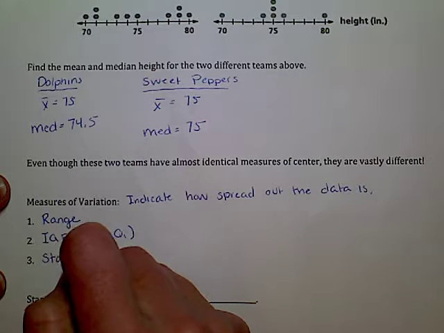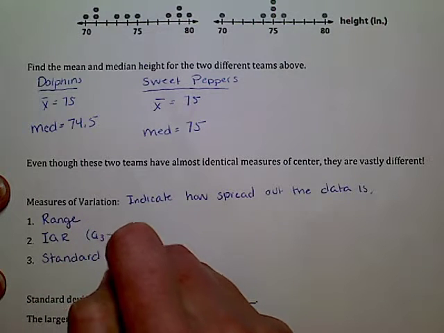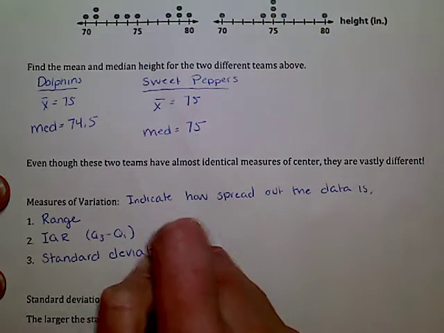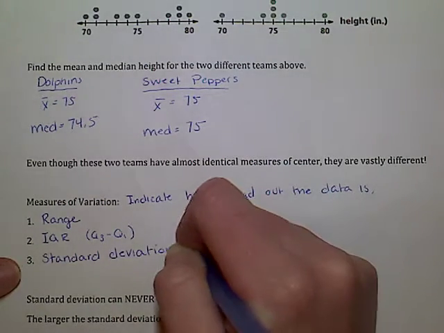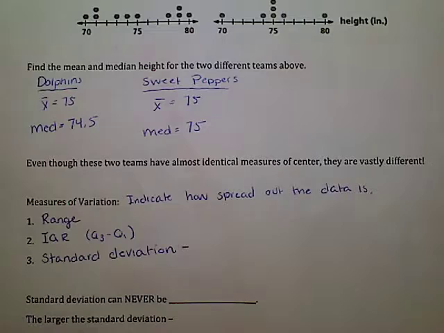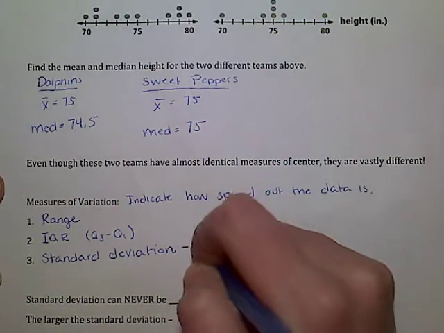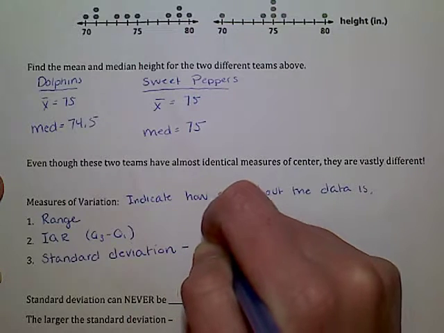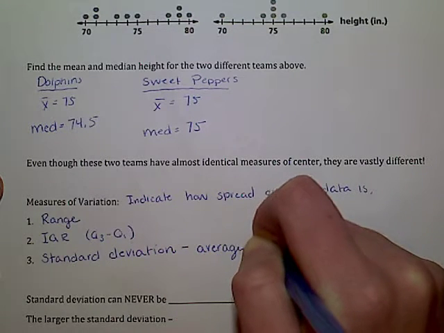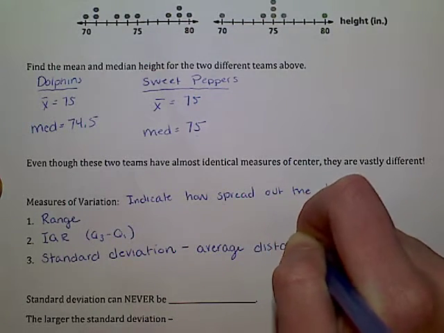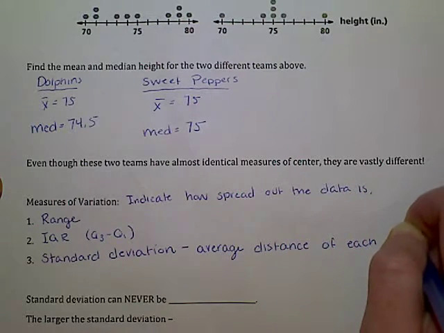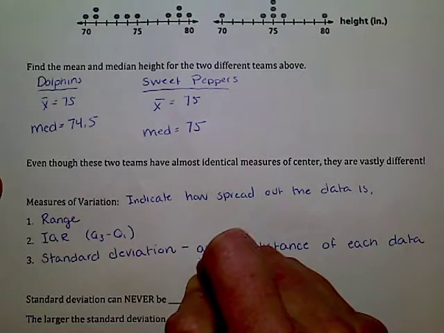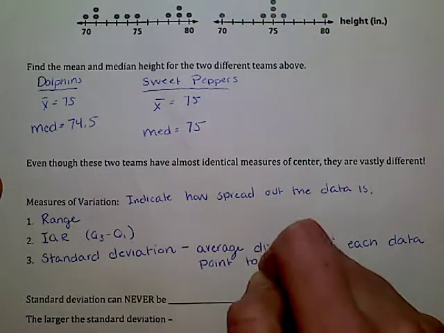standard deviation. And the thing with standard deviation is we're going to write down a definition for today. We'll actually look into how we calculate it tomorrow, but standard deviation is defined to be the average distance of each data point to the mean.